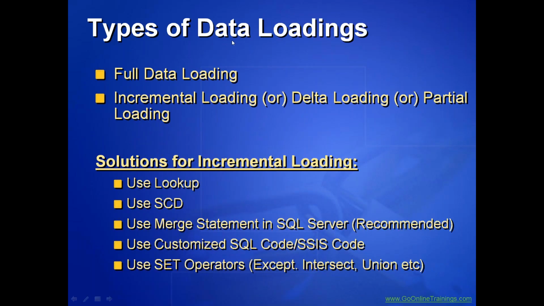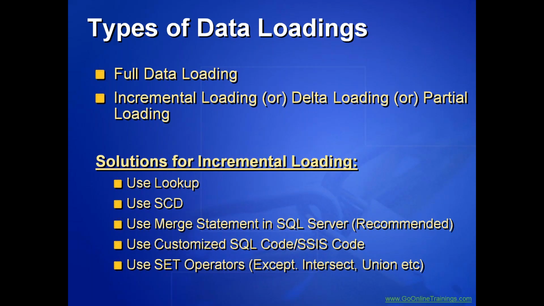So the types of data loading: full data loading, that's what we're doing, or incremental loading, also called delta loading or partial loading. To implement incremental loading, we can use these concepts: use Lookup, use SCD, slowly changing dimension, use the MERGE statement in SQL Server, use customized SQL code or SSIS code, or you may write stored procedures as well.